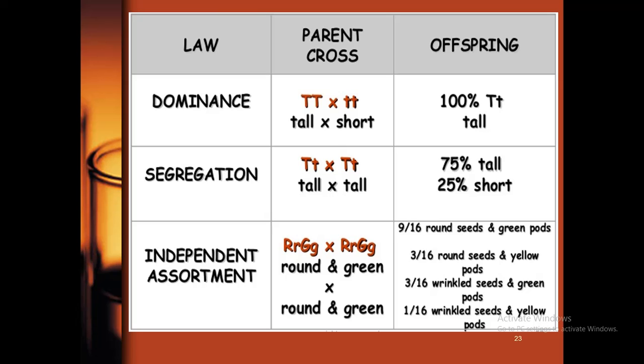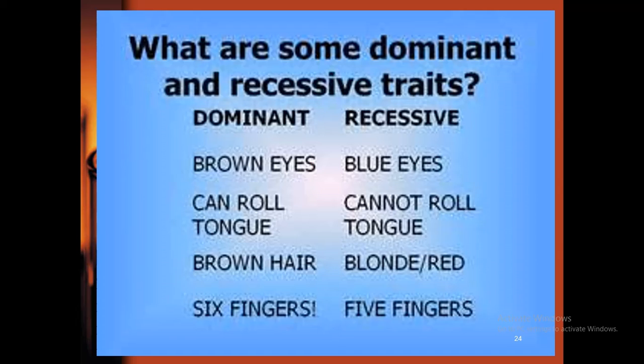When they were both crossed together, the offspring showed separate results. 9 out of 16 were round with green color and 3 were round with yellow color. 3 of them were wrinkled with green color and only one was wrinkled with yellow color. So the color and the shape were transmitted and expressed separately.